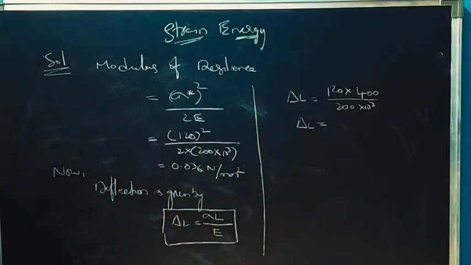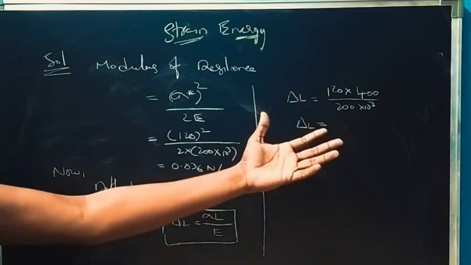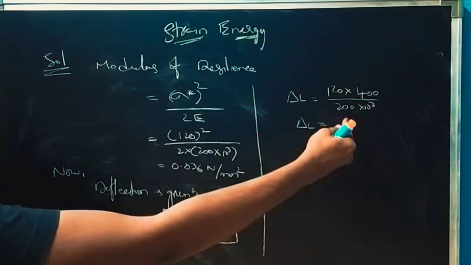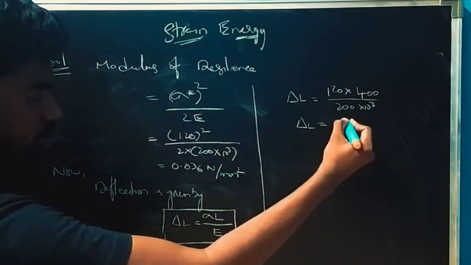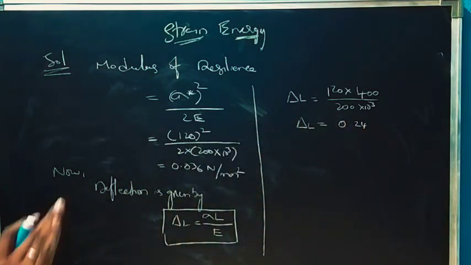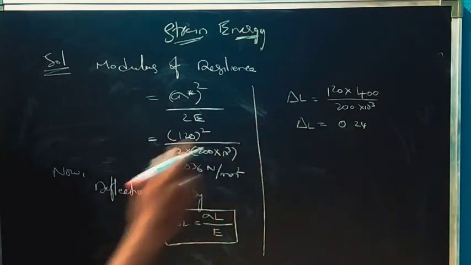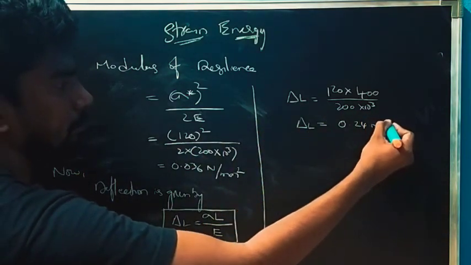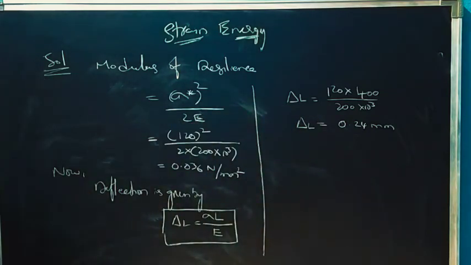Delta L, that is deflection, or you can call it elongation or extension. So delta L, we got the value here, that is 0.24. Please, if I am wrong, correct me. Right, 0.24 mm. So the bar is extended 0.24 mm.